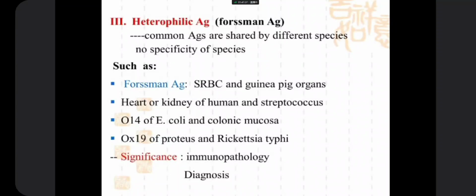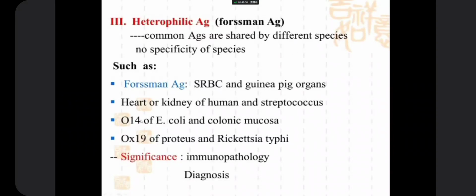It has no species specificity. Forssman antigen exists on SRBC and guinea pig organs, and the heart or kidney of human and streptococcus.